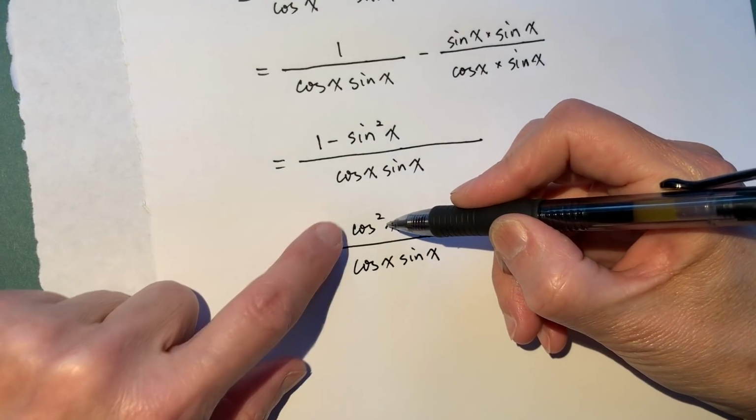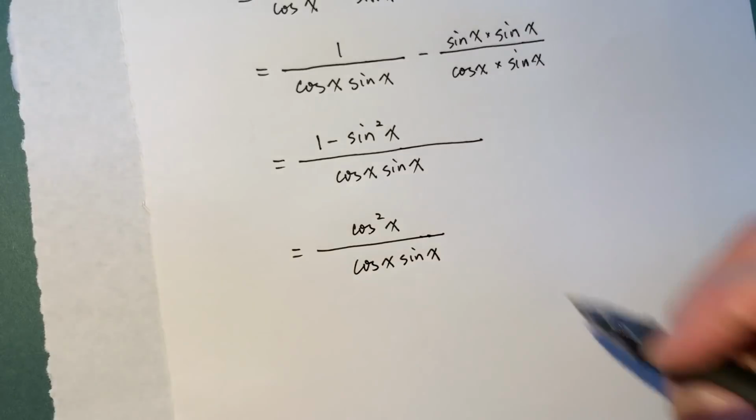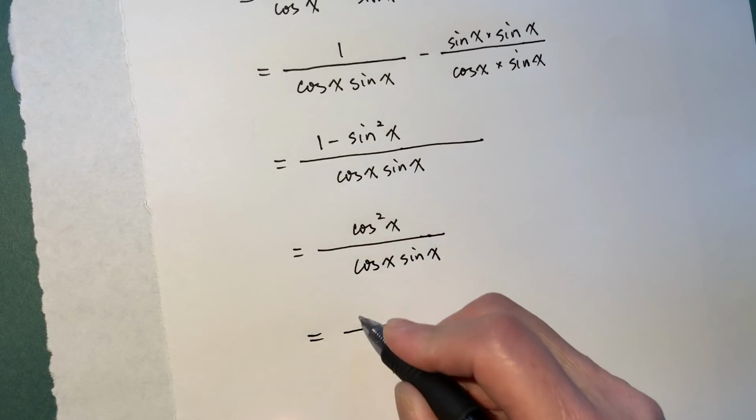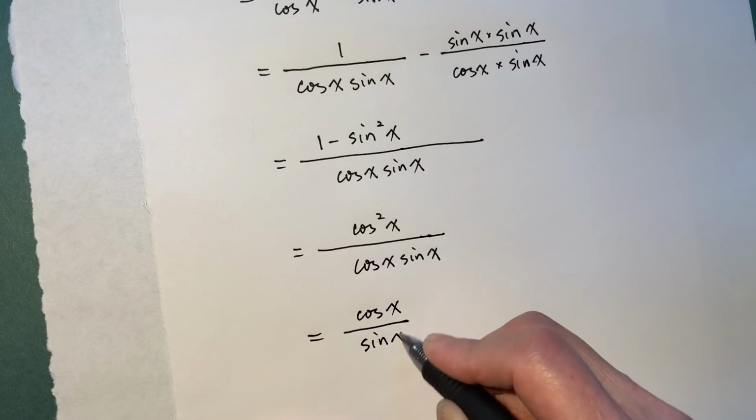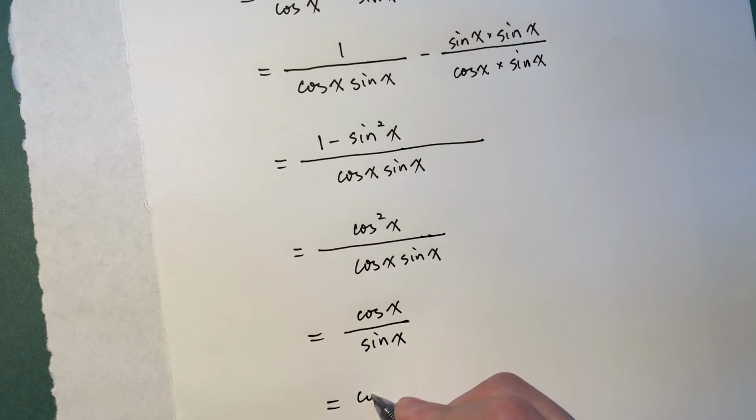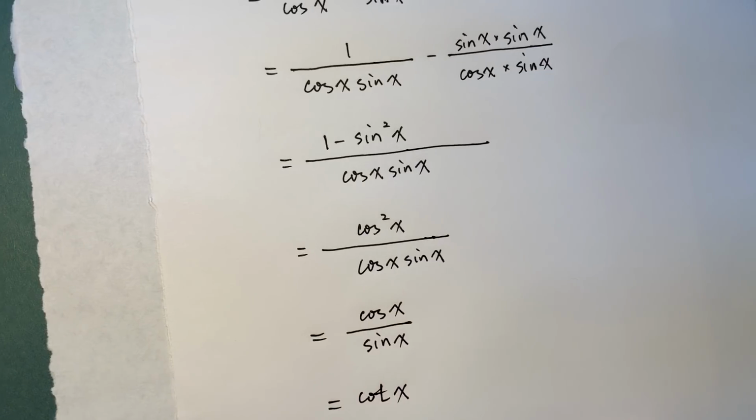So 2 times cosine x, so cross cancel, equals cosine x over sine x equals cotangent x.